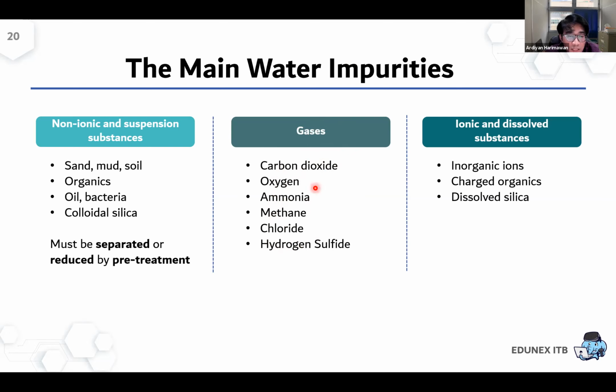The gases contained are carbon dioxide, of course, and oxygen, ammonia, because they can dissolve in the water from the rock bed. Di lapisan tanah itu ada gas alam kan ya, there's natural gas, then it can dissolve in the water.